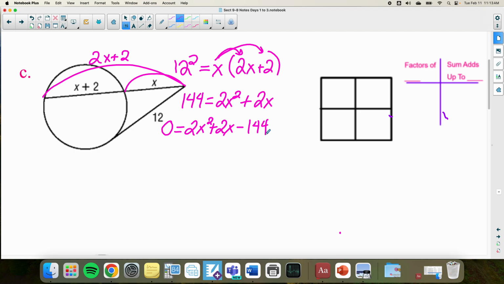Is this different than every one we've done so far? Yes. What's different? There's a 2 in front of the x squared. When you take Advanced Algebra 2 next year, right off the bat, you're gonna be factoring stuff like this with a number in front of the x squared.